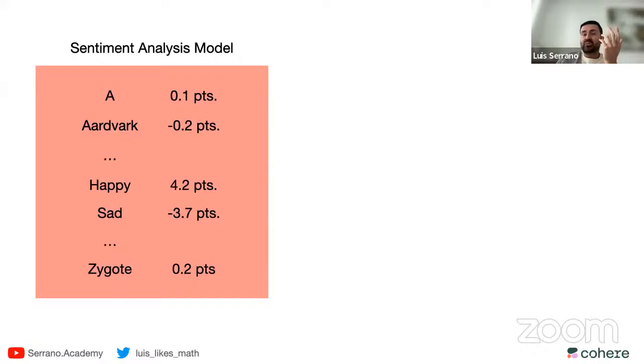And pretty much what you can do is just go through sentences. If you have a sentence where the sentiment is happy, then you add a little bit to all those words. And if the sentiment is sad, then you subtract a little bit. And that's pretty much the idea of training a model, right?